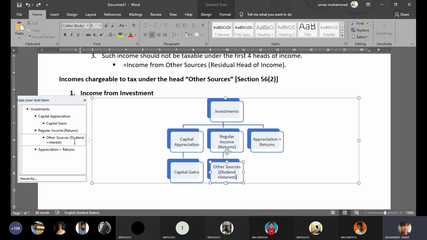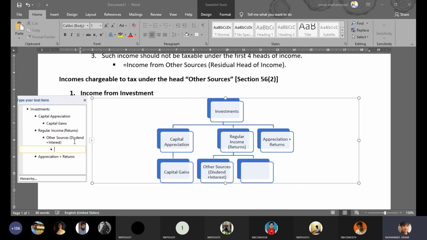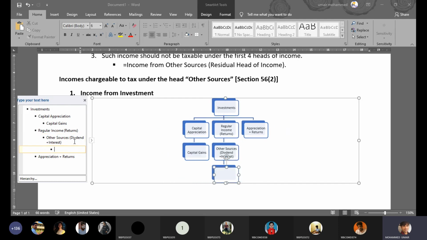You get dividend on shares. So first you have dividend, which you get on shares. Then you have interest. And what do you get interest on? Interest on securities. What are securities?